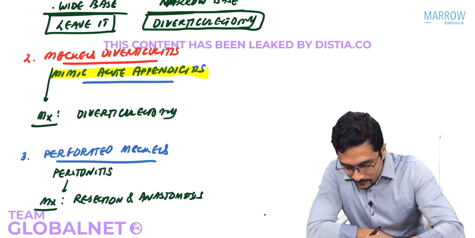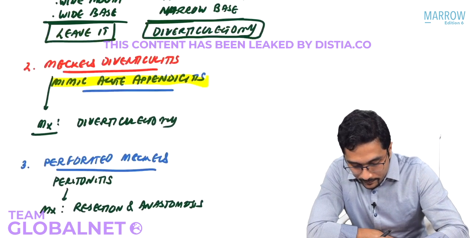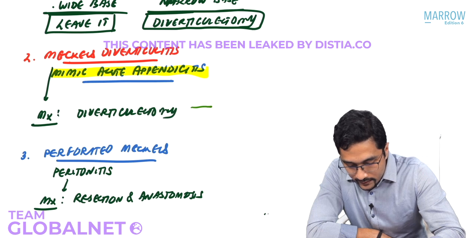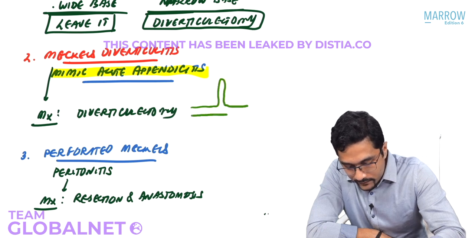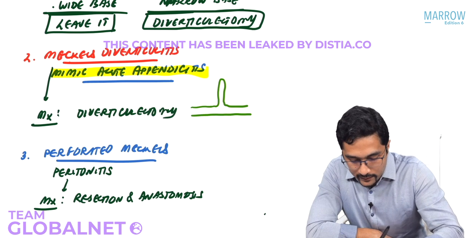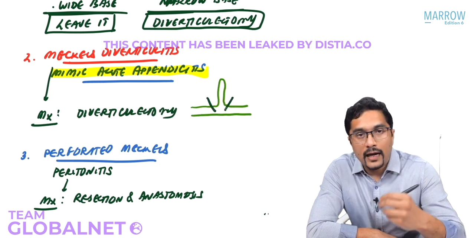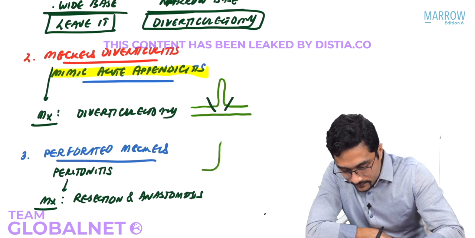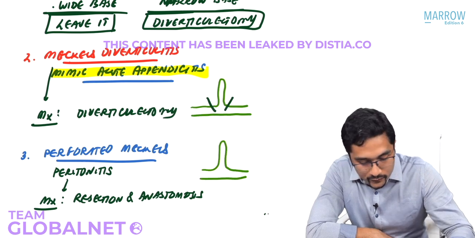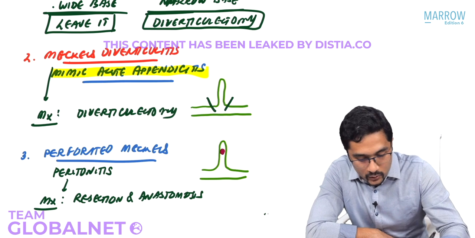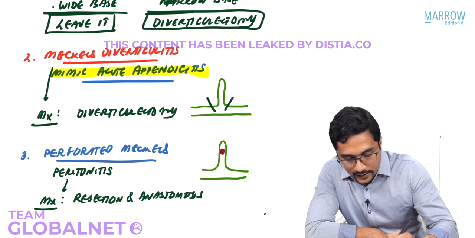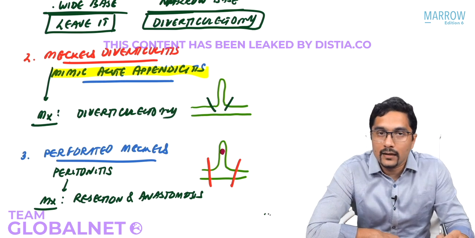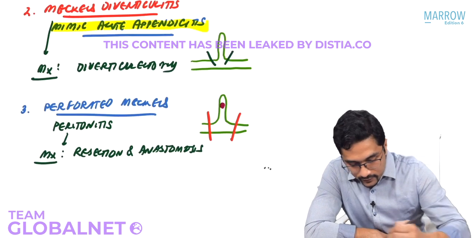So diverticulectomy, I've just told you it has an independent blood supply, so you can easily carry out diverticulectomy. So this is the bowel, this is the diverticulum, right? Diverticulectomy is when we just cut this wall and we repair it. Whereas resection and anastomosis, if there is a perforation here, would be you cut the entire bowel, here, cut here, and do a resection and anastomosis in this patient.